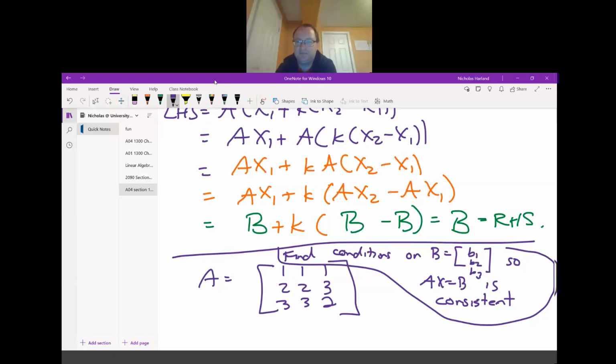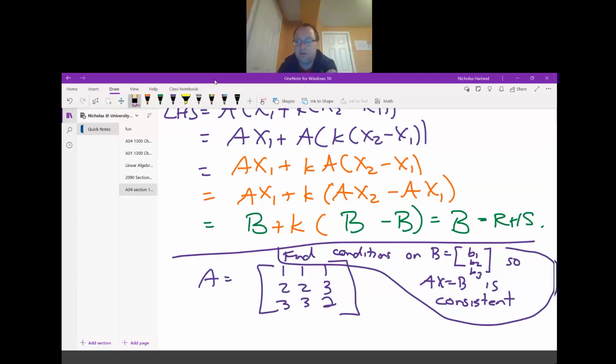Okay. So if you're still working on it, as always, feel free to keep working on it. For those of you done, or for those of you who got stuck, we're finding conditions on the matrix B so that this thing here is consistent. So any ideas as to how we could find the B1s, B2s, and B3s for which this is consistent?